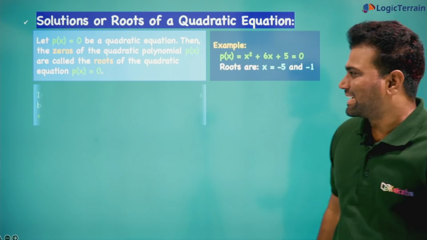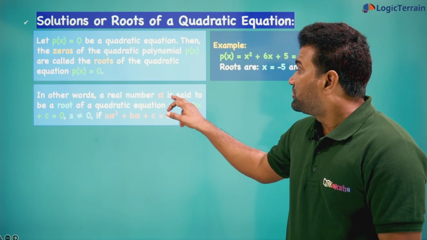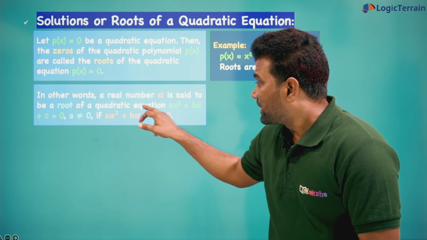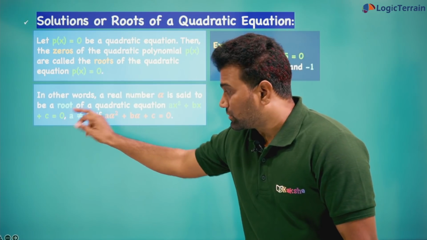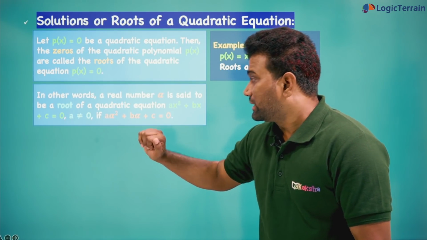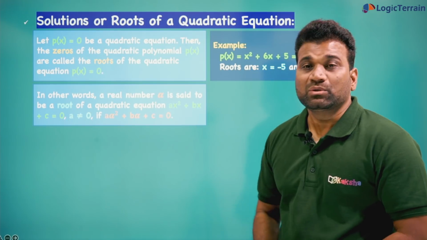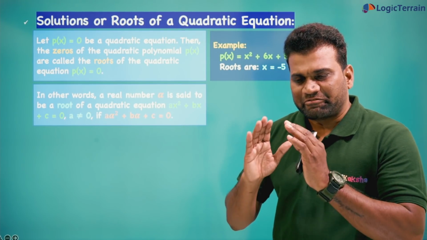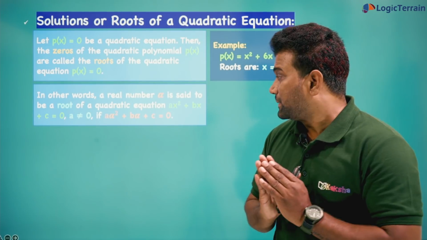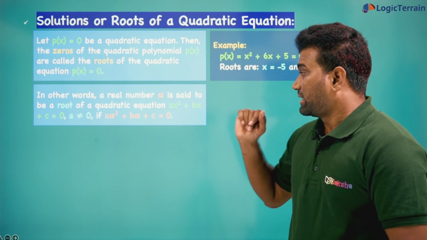Next. In other words, a real number alpha is said to be a root of a quadratic equation ax square plus bx plus c is equal to 0, where a not equal to 0, if a alpha square plus b alpha plus c is equal to 0. Here you need to understand very importantly, a not equal to 0 in a given quadratic equation.